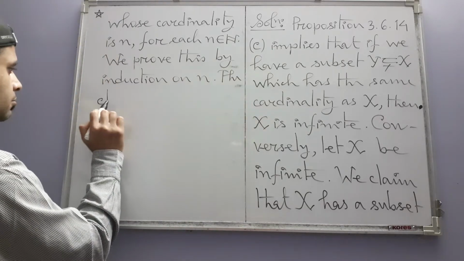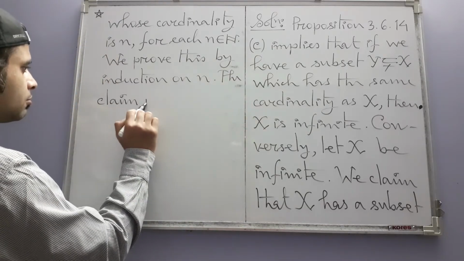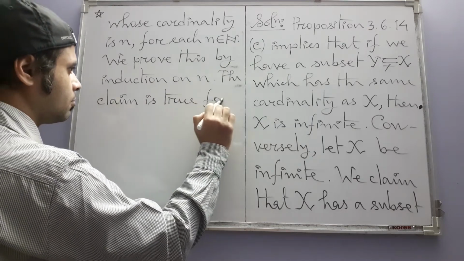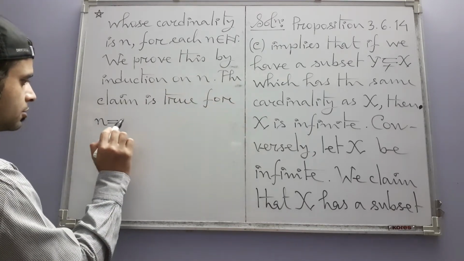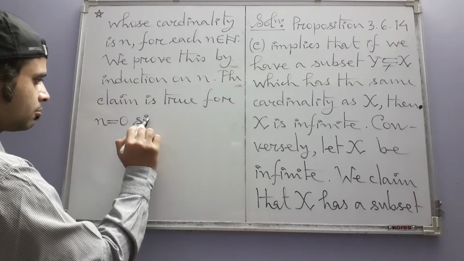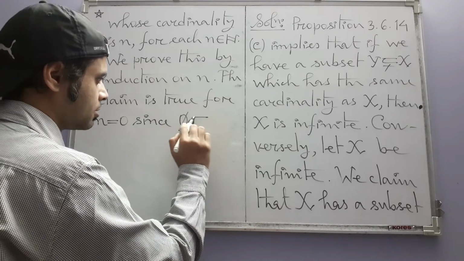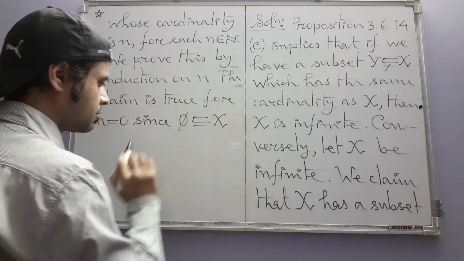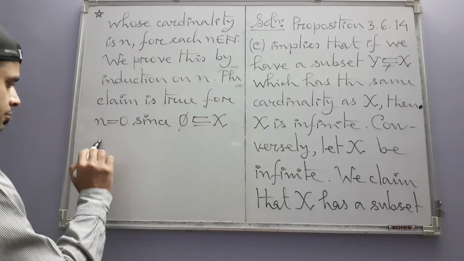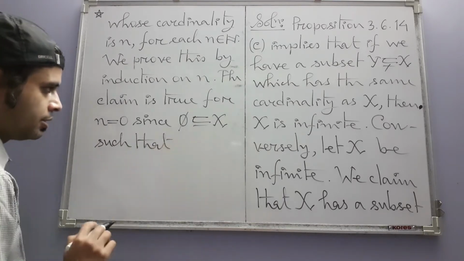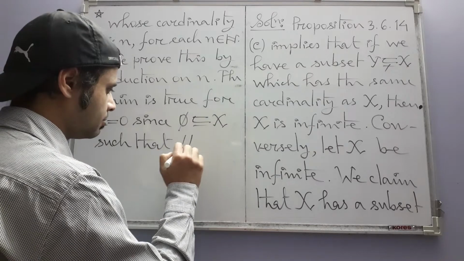The claim is true for n equal to 0 since the empty set is of course a subset of X whose cardinality is 0. In fact, this is the only set having 0 cardinality.